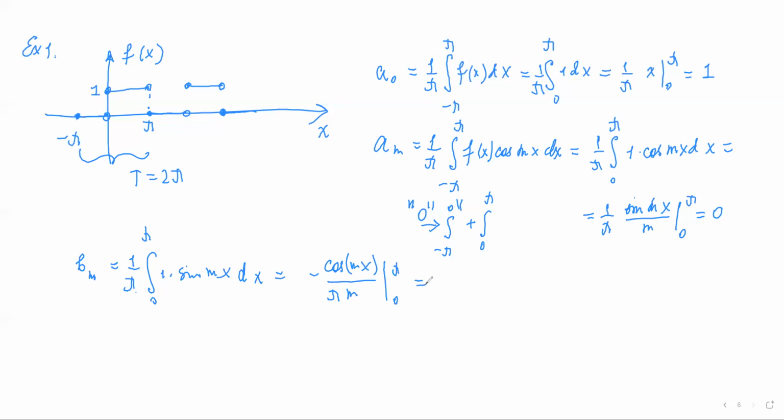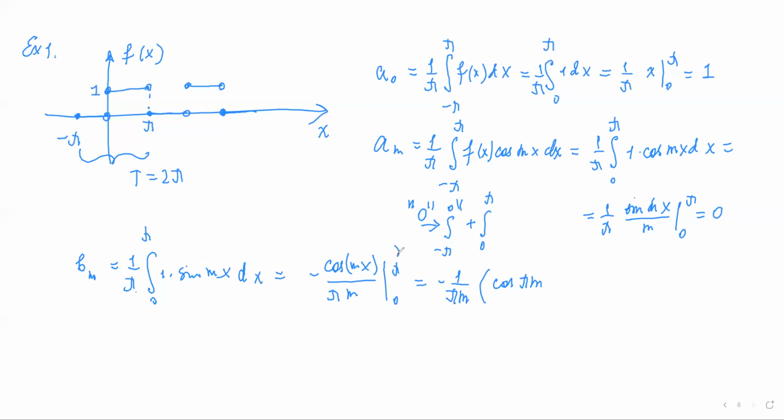Now we're going to substitute. Here we are going to get something because cosine of pi or cosine of 0 are not equal to 0. At 0 it is 1, at pi it is -1. What I'm going to do, I think I'm probably going to take this minus and pi m outside. I'm going to write down a separate fraction, pi m. And I'm going to just do the substitution in cosine. So I'm going to have cosine of pi m.